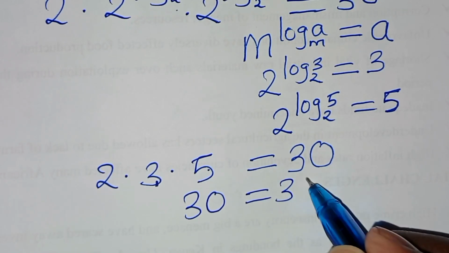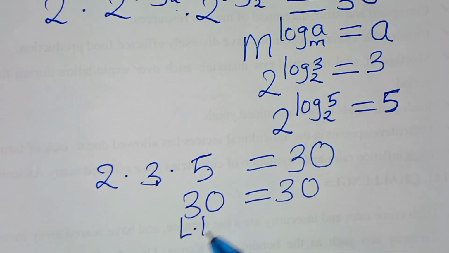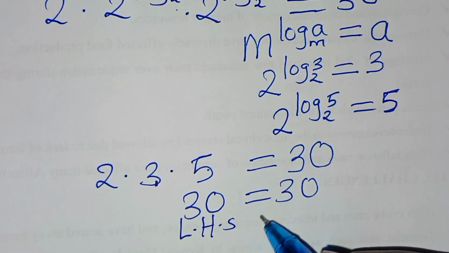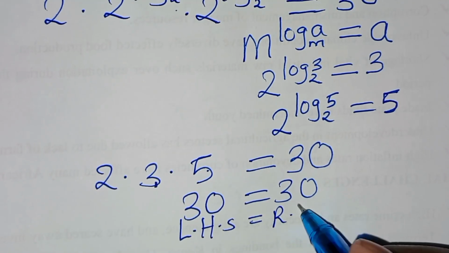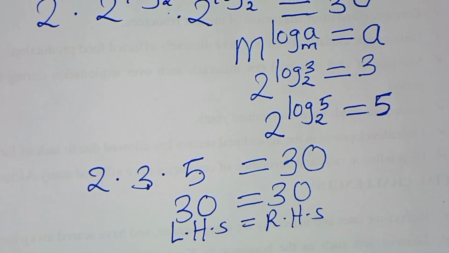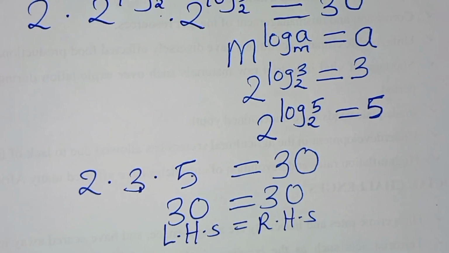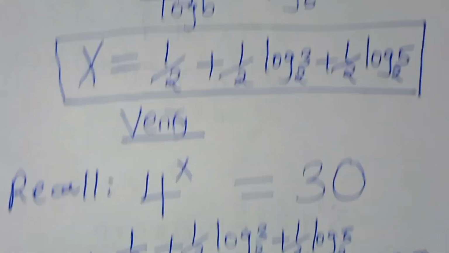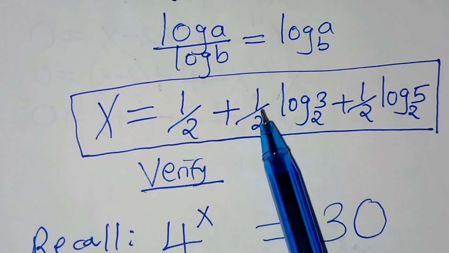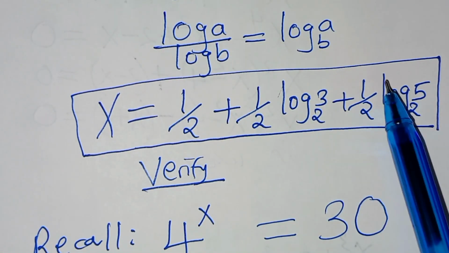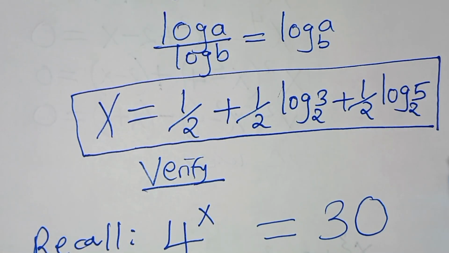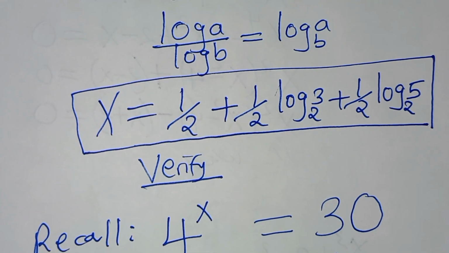It is clear that the left hand side is equal to the right hand side. That implies that the value of x, which is a half plus a half log 3 to base 2 plus a half log 5 to base 2, actually satisfies the equation.